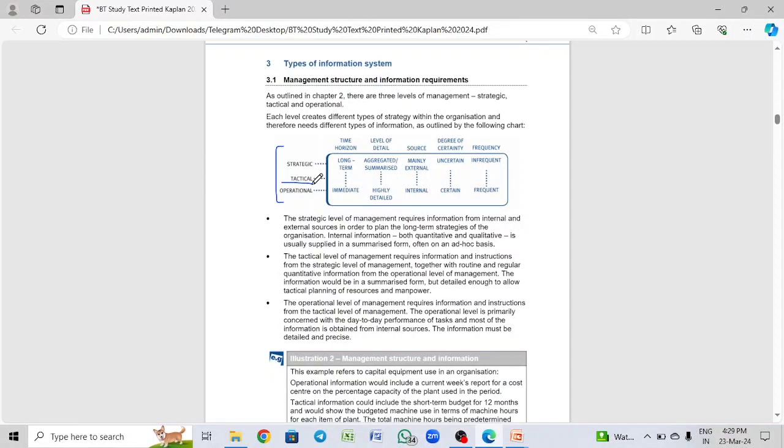And at the strategic level, it is both internal and external information, from all aspects of the organization as well as external information, such as the competitors' policies, government policies, legal changes happening in the environment, or customer requirements and needs. That needs to be taken into account. So there are various needs of information at various levels in an organization.